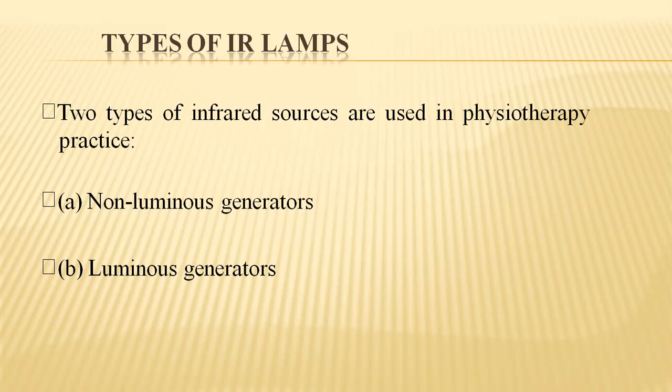Further, the generator plays a major role, and hence there are two types of infrared ray generating sources upon practice, and they have been implemented in different fields for the exaggeration of this radiation effect.